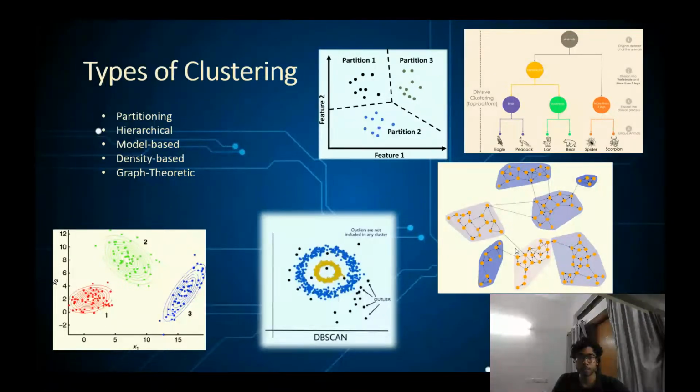So there are a lot of mathematical details using Laplacian, which requires a lot of linear algebra. But we'll not go into detail of this. At the end, I will give you some references for this graph theoretical algorithm for anyone who is interested to know more.